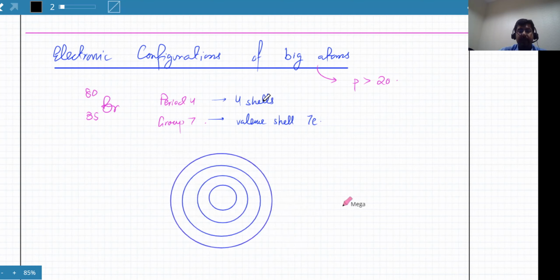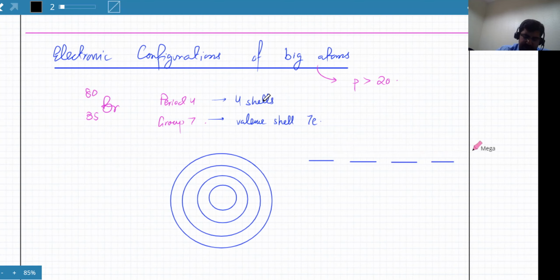These are your 4 shells. And so how would I fill them up with electrons? I'm going to first write the electronic configuration, like these are my 4 shells.